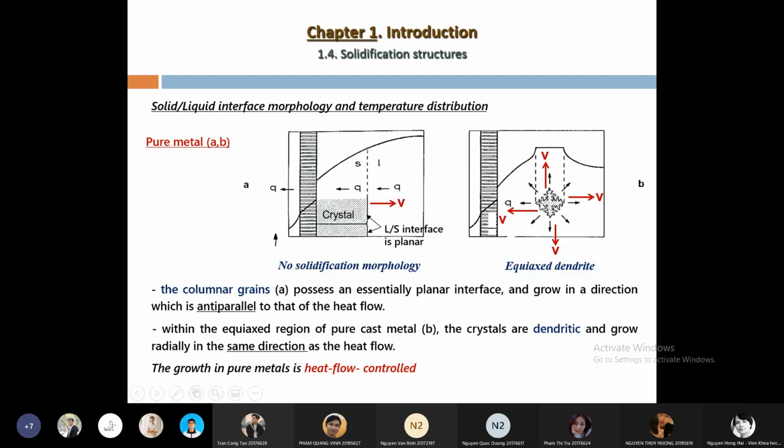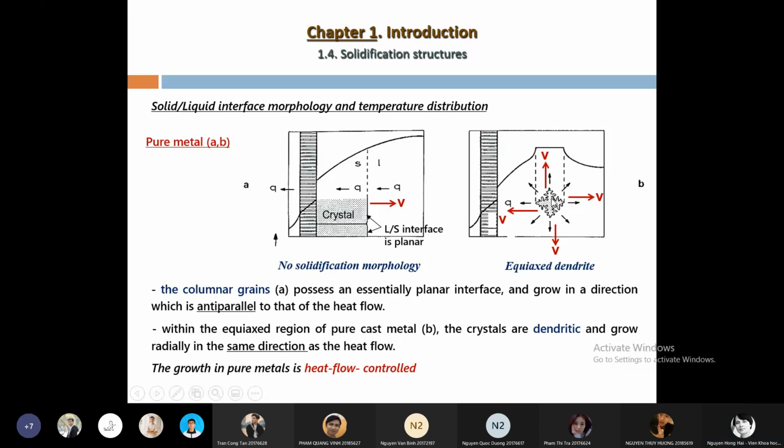But in this case, because the crystal is embedded in the melt, if they can transfer heat to the environment, the crystal must have the highest temperature, and the melt must be undercooled. So the liquid must have the lower temperature.